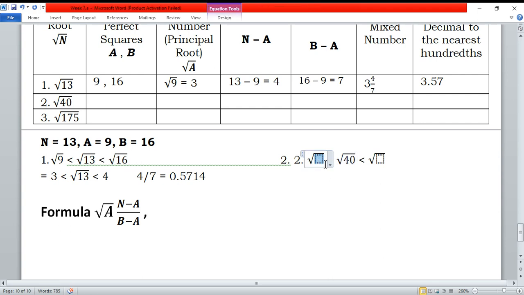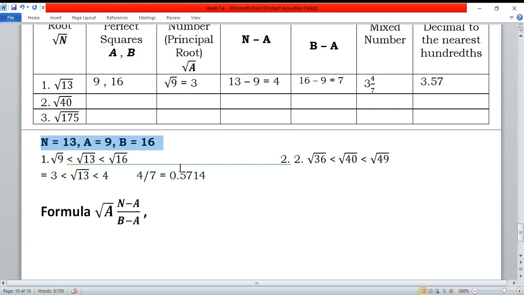So it's 36. Because square root of 36 is 6. Dito naman, kung 6 yun, 7 times 7. So, that's 49. Okay? Ayun. So, meron na tayong n. Okay?